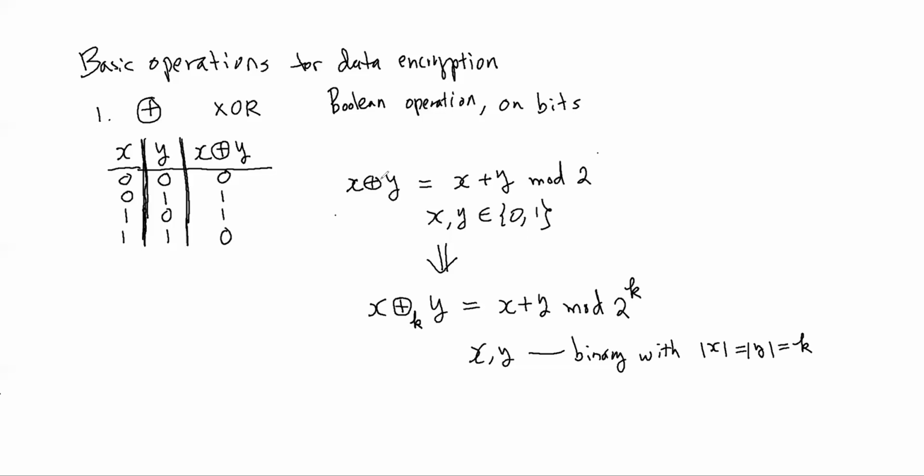So the normal Boolean operation exclusive OR, we can think of it as K equal to 1, because 2 is equal to 2 to the 1's power. So that is the first operation that we can simply use, exclusive OR, as encryption.